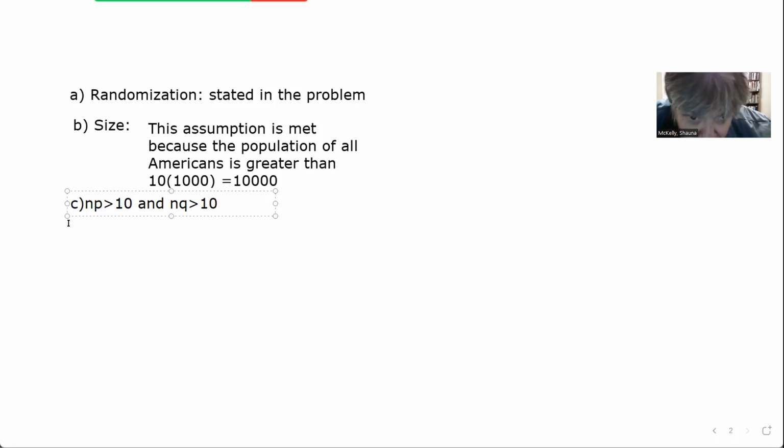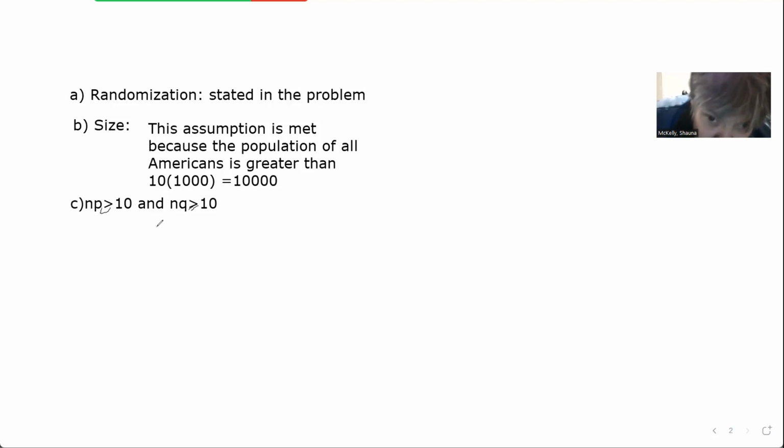And technically, they can be equal, okay? It usually doesn't happen, but technically, these can be equal to 10 and still work. These are greater than or equal to symbols, okay? So there we are. Now, where do we go?